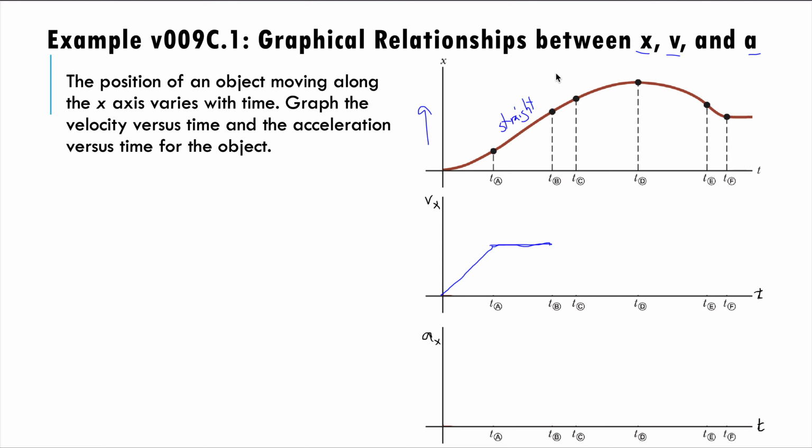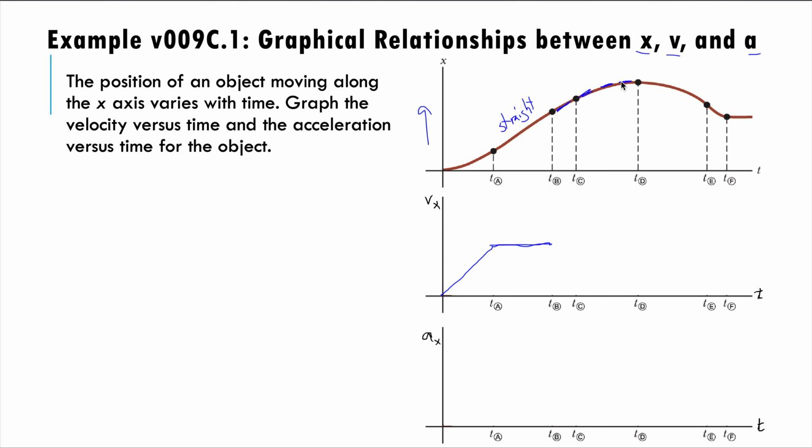And then what's happening here, from B to C and then to D, what we see here is that the position is still increasing, but it's increasing at a slower pace, right? You can see that the slope is steep here, and then it gets less and less steep.